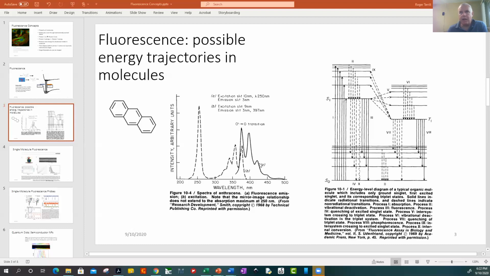So in this emission scan, what was the excitation wavelength? At what wavelength was energy put into the molecule such that we could monitor the emission between 350 and 500 nanometers?